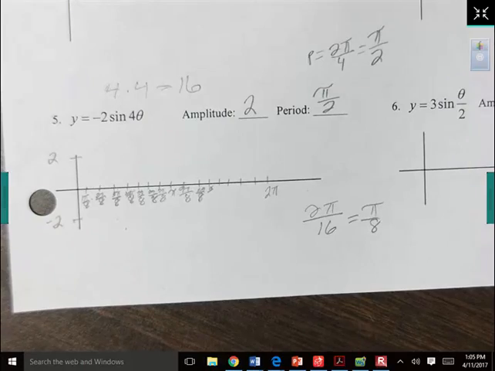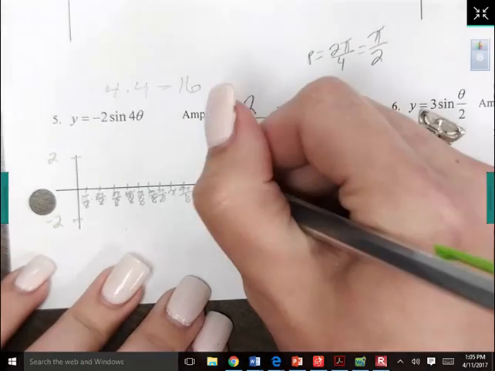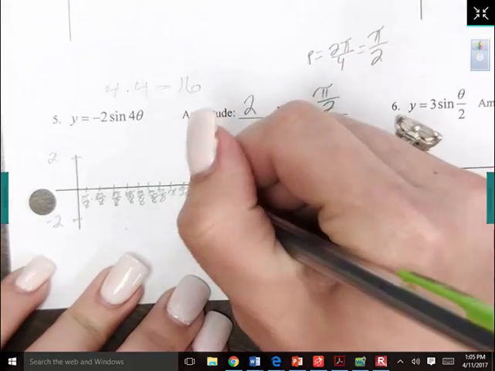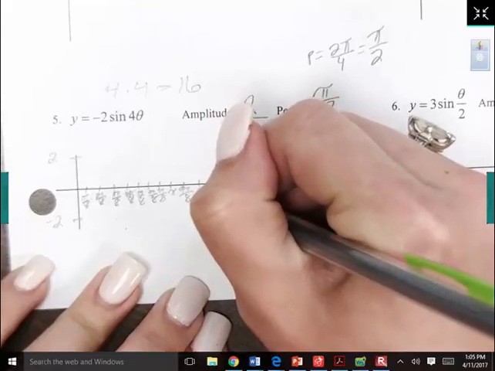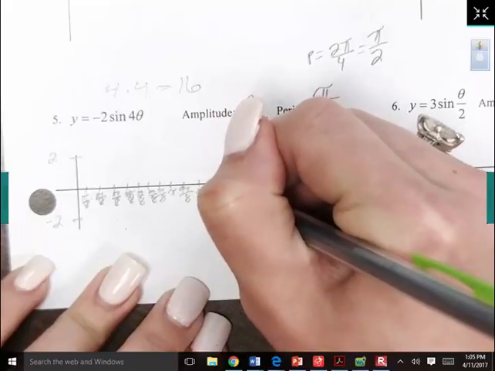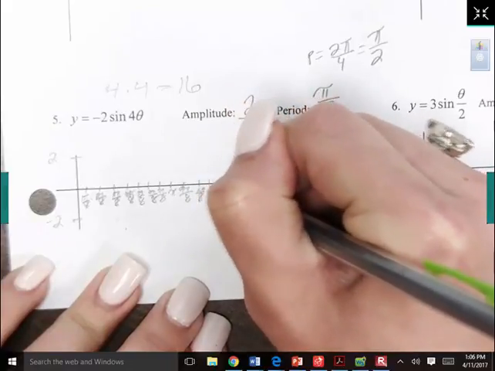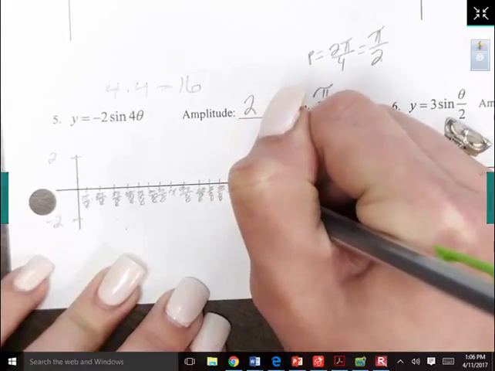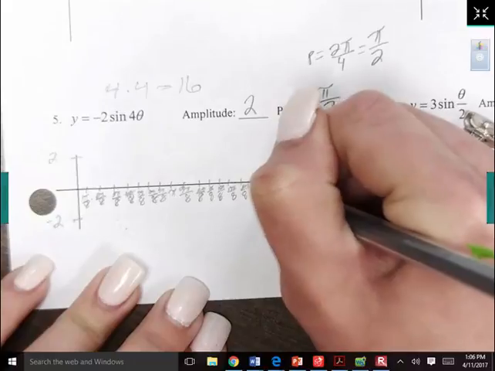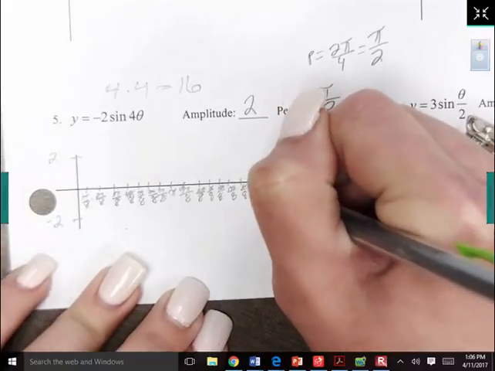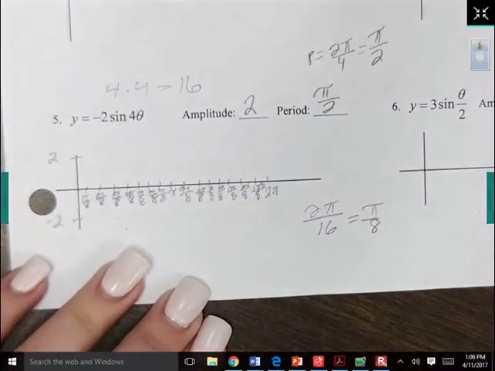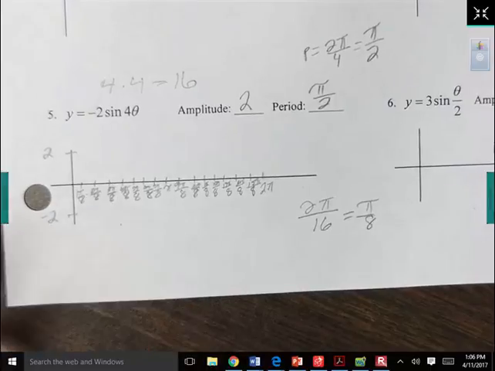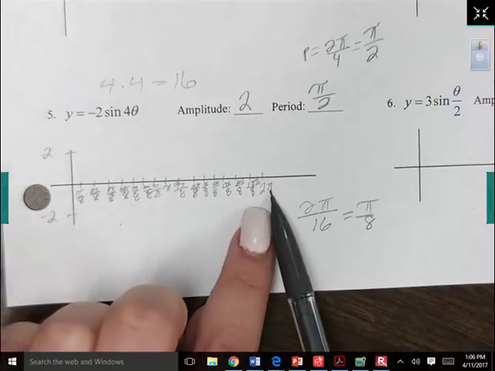Do you see? 1 pi over, wait, okay, that's 9, 10, 11. So we get 15 pi over 8, and we'd end up with 16 pi over 8, which is 2 pi, right? If I ended up with 14 pi over 8, would I know that I made a mistake somewhere? Yes, because we needed to end up with 16 pi over 8.